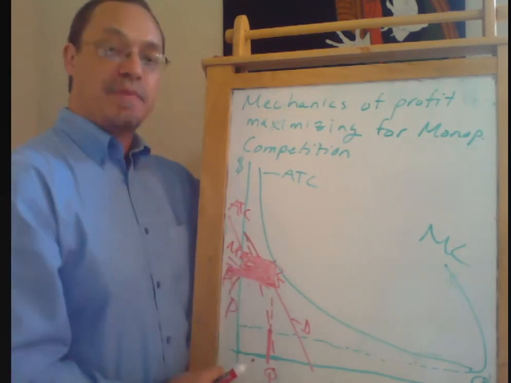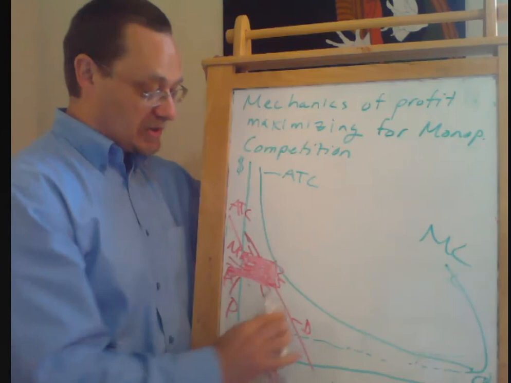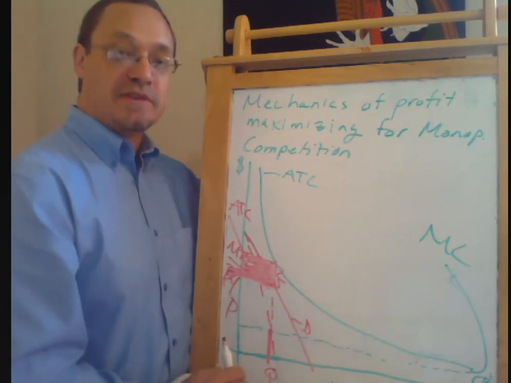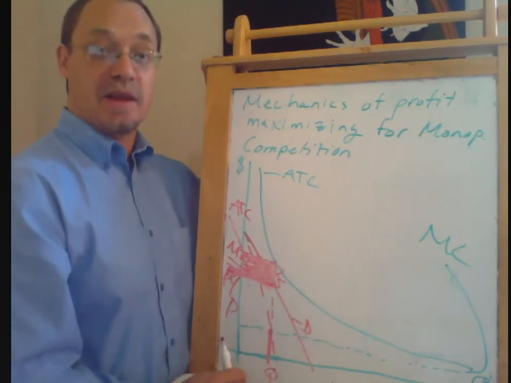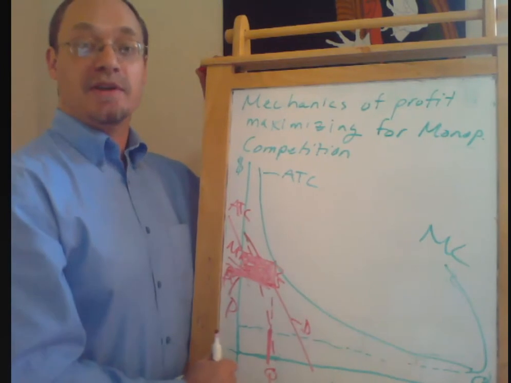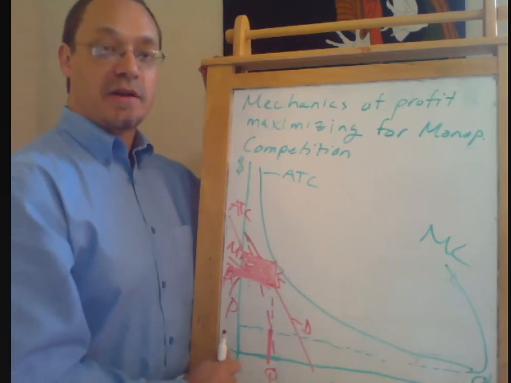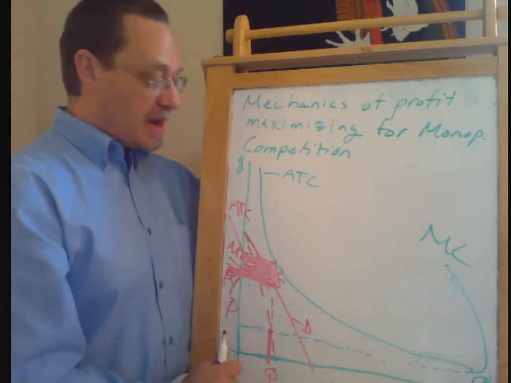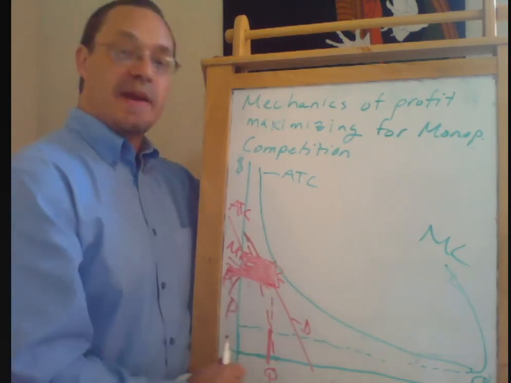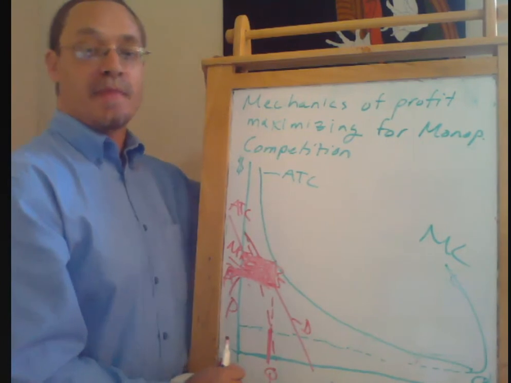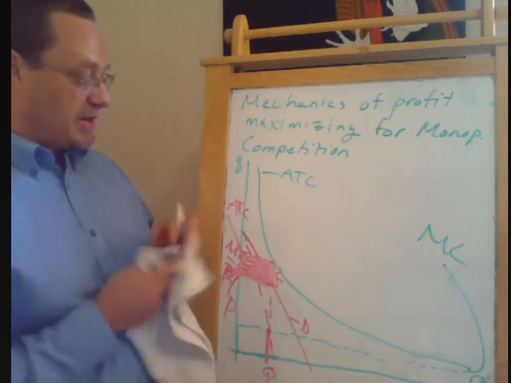Well, what's going to happen if this firm is making losses is that some of its competitors are likely going to be in the same position, because this marketplace is sort of overcrowded. Some firms are going to exit the industry, and as firms exit the industry, the demand curve is going to shift out.